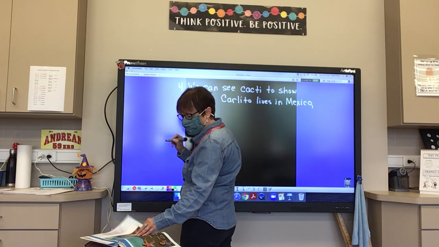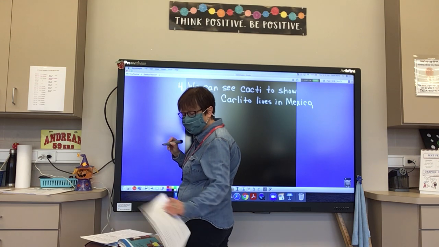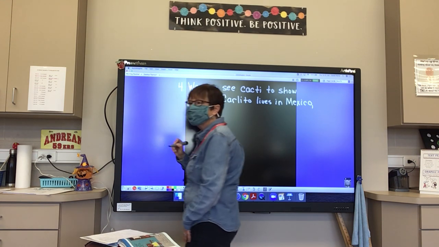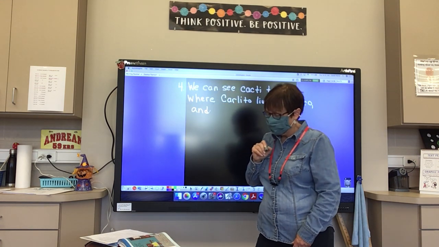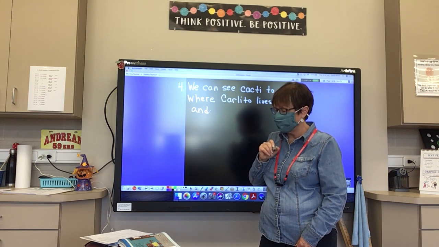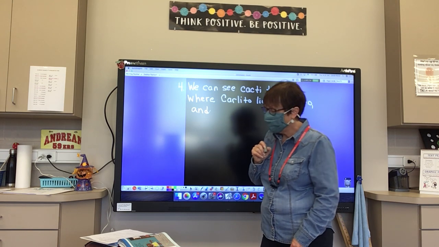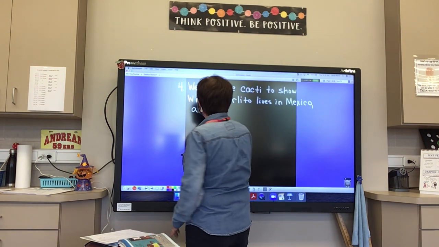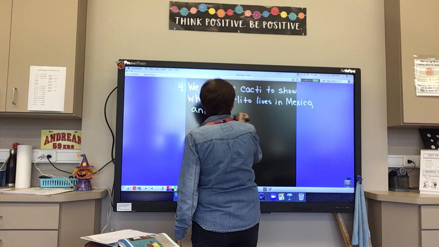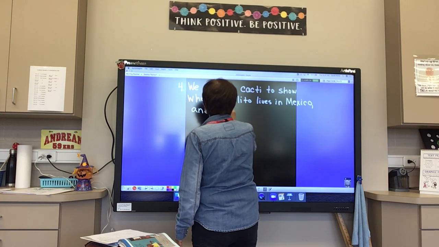And what shows us that Charlie lives in the city on page 128 and 129, particularly on 128? Teddy? Yes, the tall buildings.